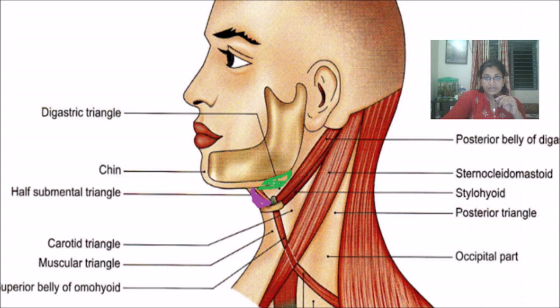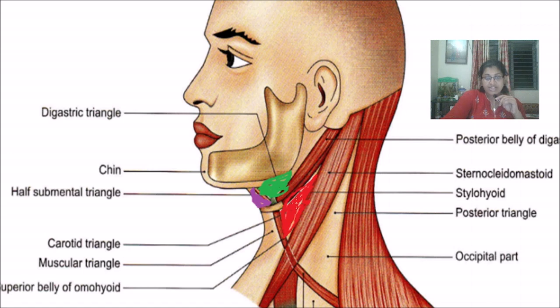The next, let's give a green color to a very important triangle, the digastric triangle. Can you make out? Yes, that is the digastric triangle. Then next, a very important triangle, the carotid triangle. Let me give it red. So this is the carotid triangle.